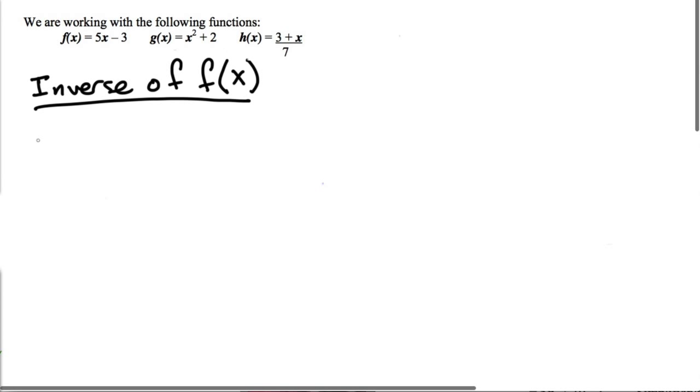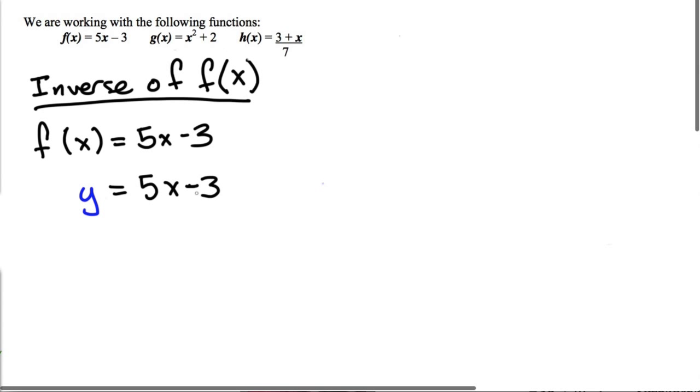The first step is, you take f of x, which is 5x minus 3, and replace f of x with y, so that y is equal to 5x minus 3.